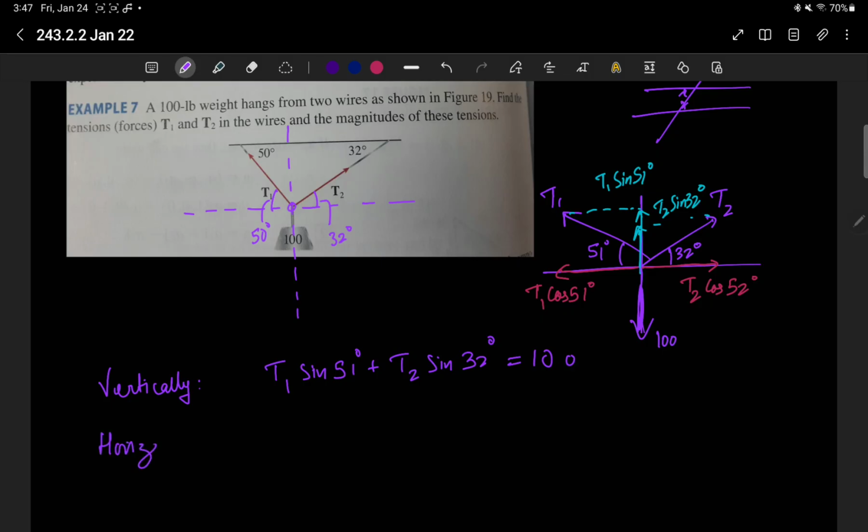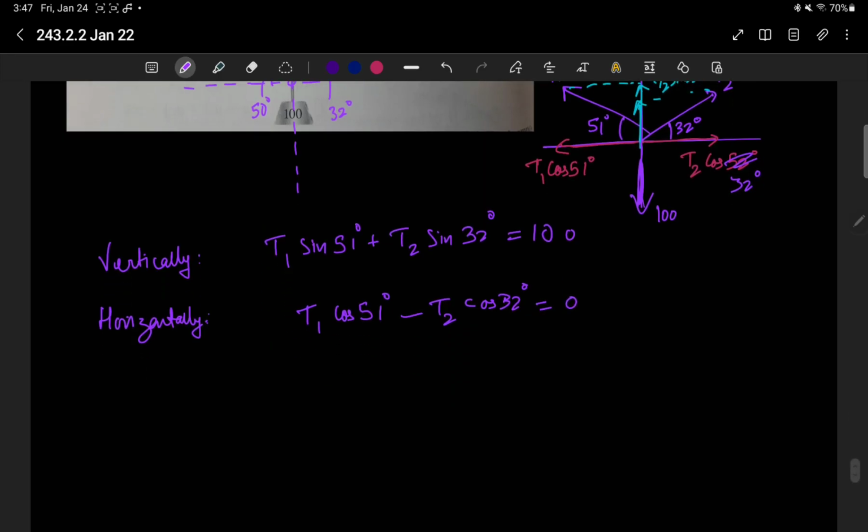And horizontally, for the same reason, that the block is stationary, t1 cosine 51 degrees minus t2 cosine 32 degrees should equal 0. And now from here you can solve for t1 and t2 by elimination.